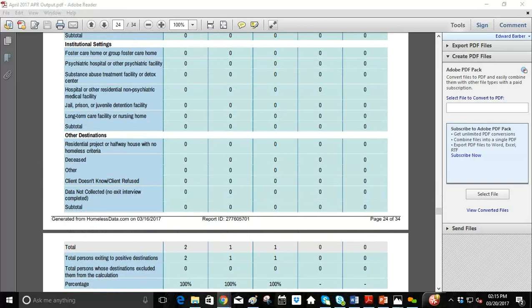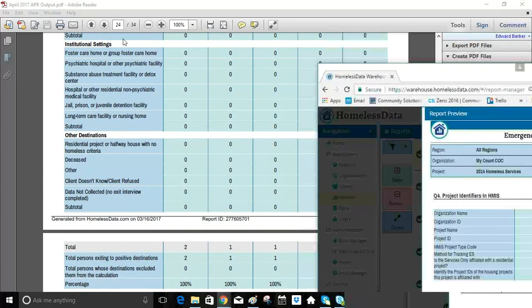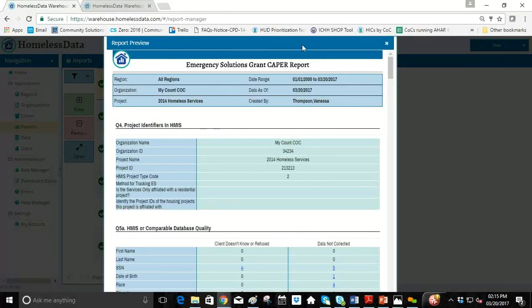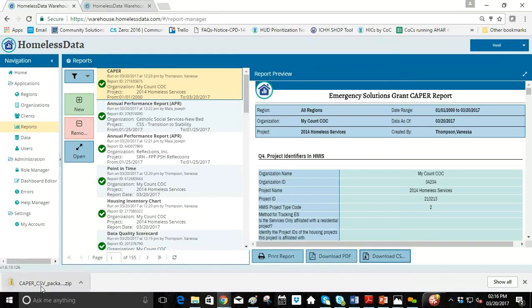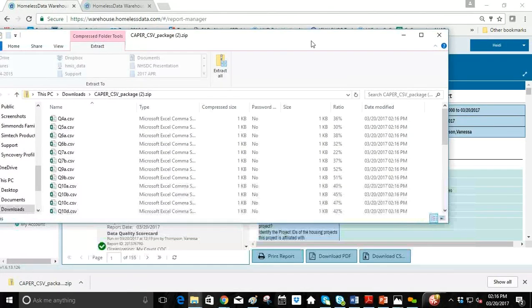It's going to show what it's going to look like in HD is going to be really similar when you run a CAPER report right now in HomelessData. Just going to show you, you have this opportunity to download the CSV files. That's what we're going to have for the APR as well, and that's going to be your CSV packet. And if you open that, you'll see this is what the output looks like.